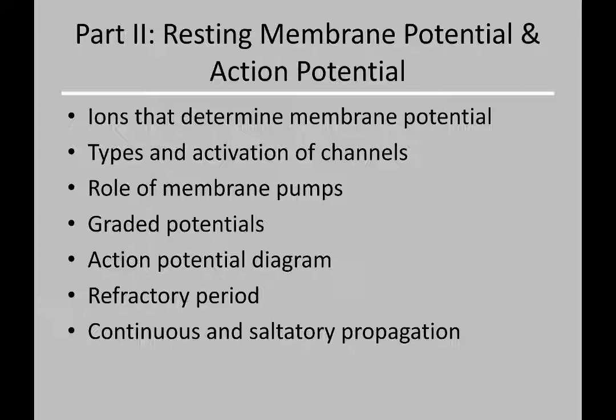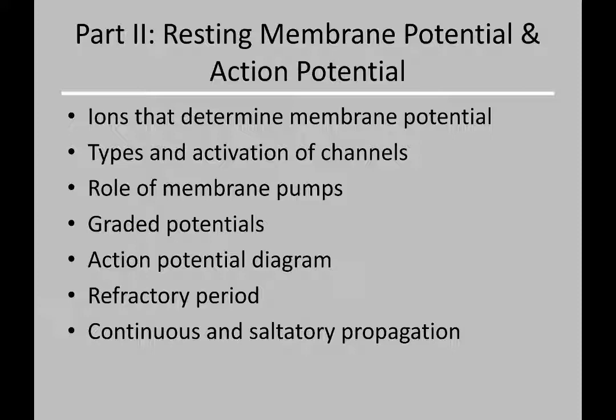So we're gonna build this up. We're gonna talk about pumps. How do we put things back where they started? We have pumps that fix things after we open up channels and things get messed up. Pumps reestablish them back to normal. We have these potentials, graded potentials and the action potential, which are voltage changes that happen because sodium and potassium are moving around.